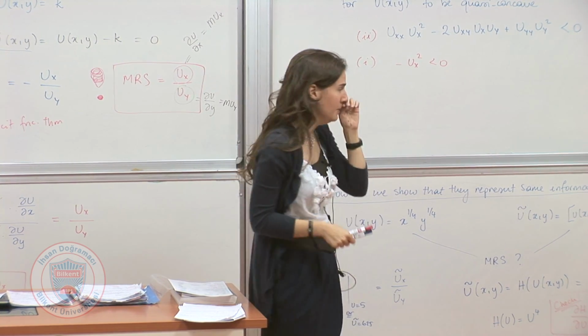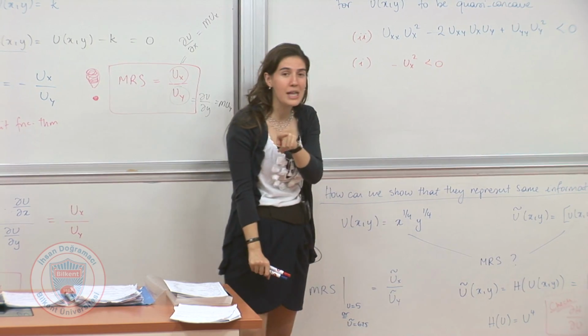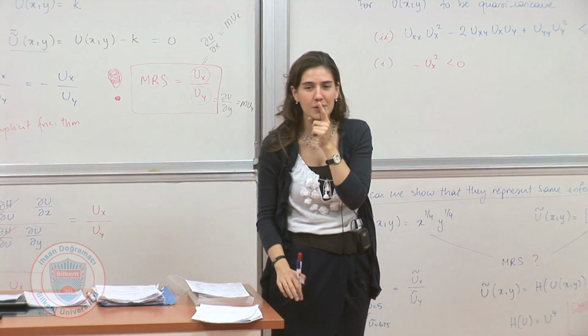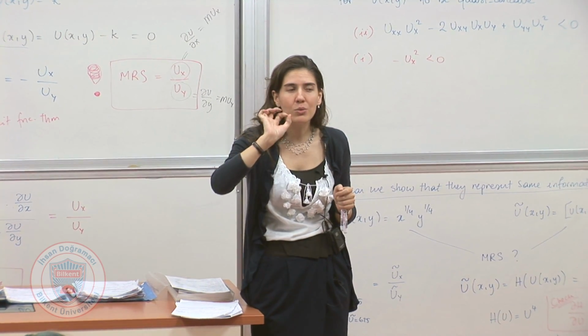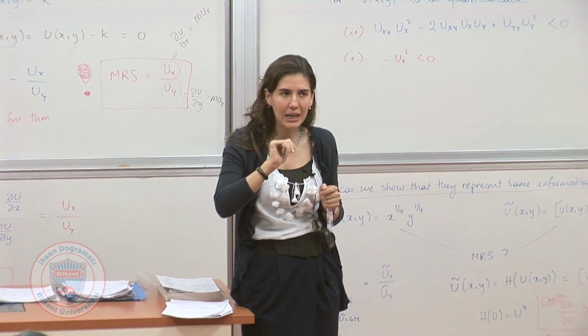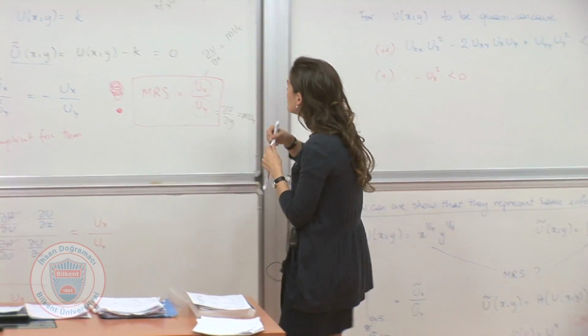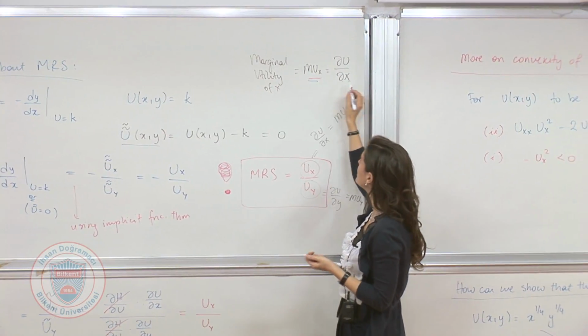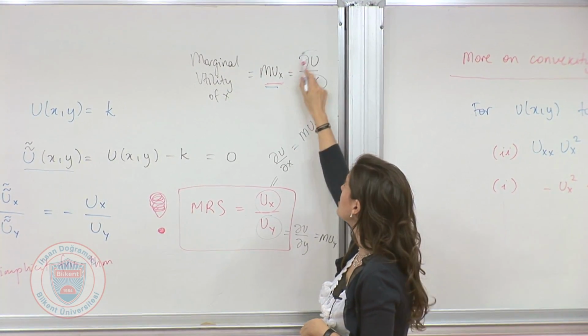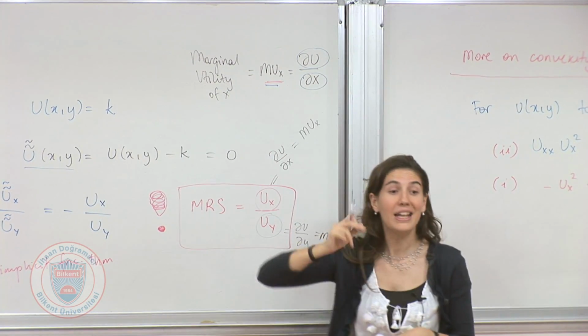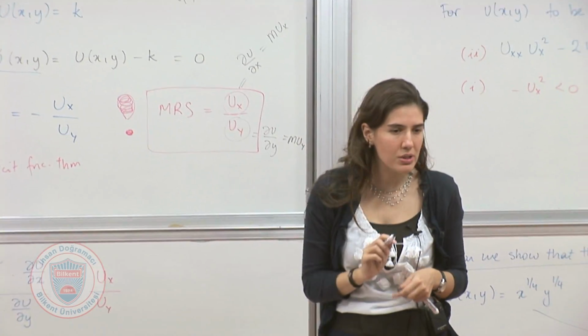It is possible. But remember, what did we say? More is better. But what does more is better mean? It means that when you consume another bar of chocolate, it is going to give you additional positive utility, right?